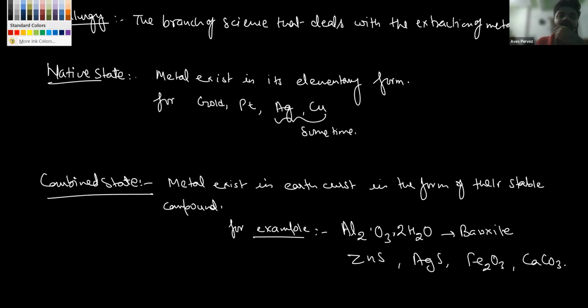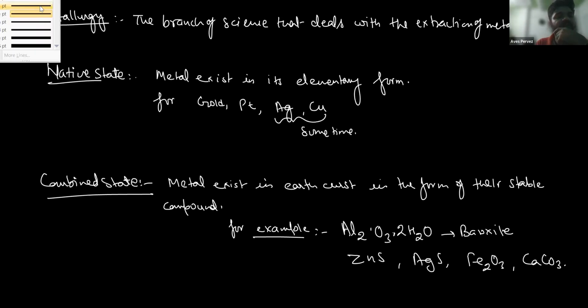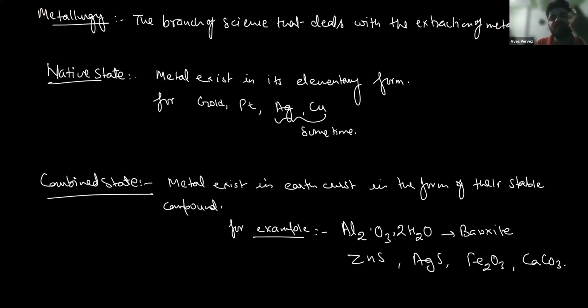Means from the starting, if you are extracting some zinc, what you need to do first, all the steps that you take when you are extracting the metal from the earth's crust, till the metal comes in its purest form, all those steps are called metallurgy. So the branch of science that deals with the study of extraction of metal is called metallurgy. Okay, you understood? Got it?